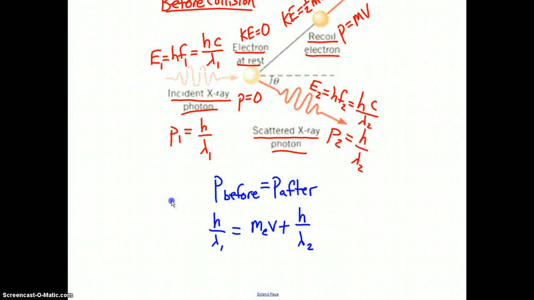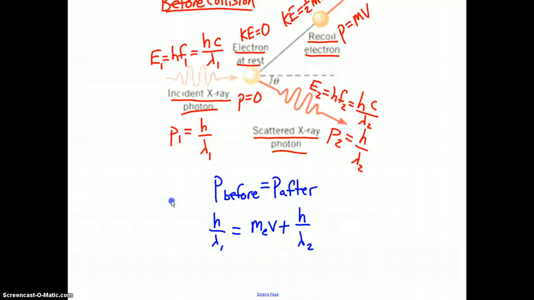So what should we see here? If all the original momentum is h over lambda 1, and then the original momentum gets imparted to the electron while the photons retain some of their momentum, that means the original incident X-ray photons should lose momentum because they're giving some of it to the electrons.